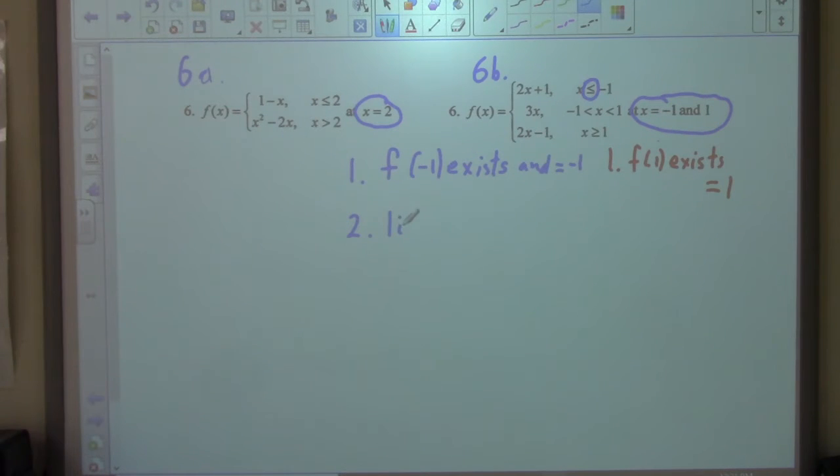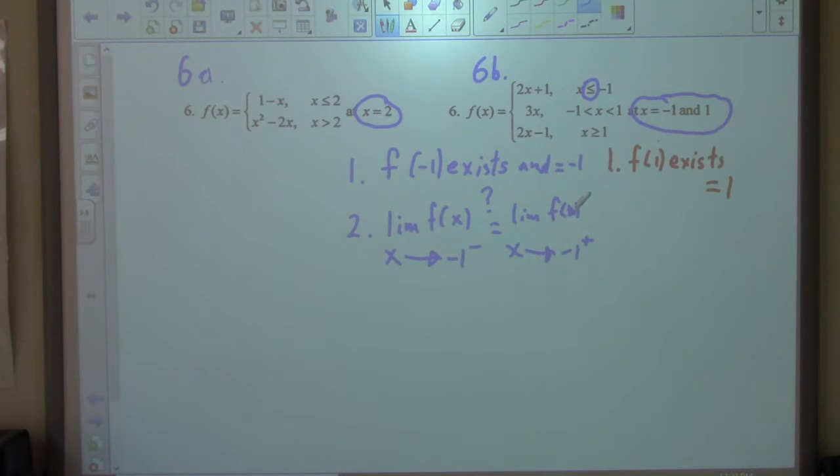So now we're going to say limit as x approaches -1 from the left of f of x equals question mark, limit as x approaches -1 from the right of f of x.